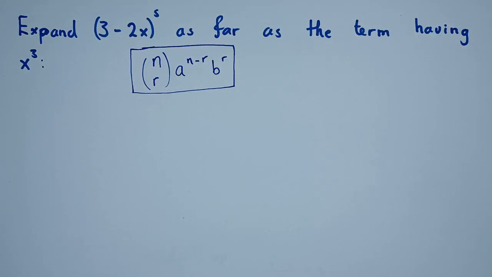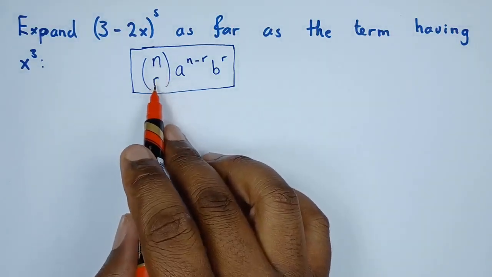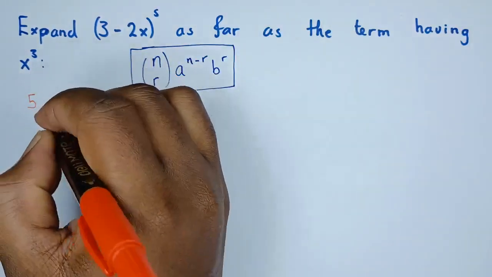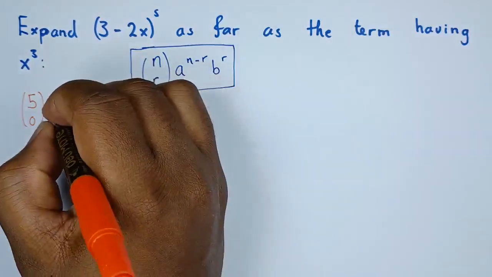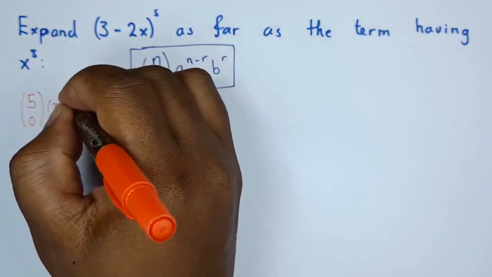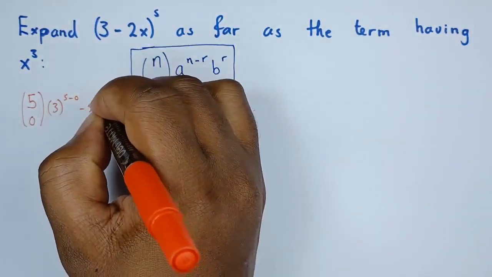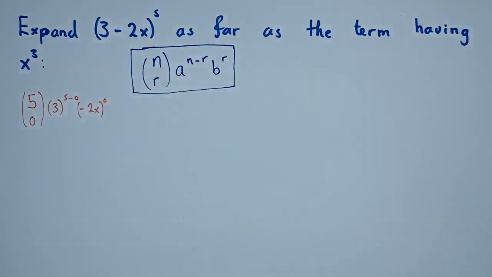For the first term in this expansion, we're going to combine 5 with 0. Using the same formula, we say 5 combined 0, a, which is 3, to the power n minus r, that is 5 minus 0, times b, which is negative 2x, raised to the power r, and our r in this case is 0.